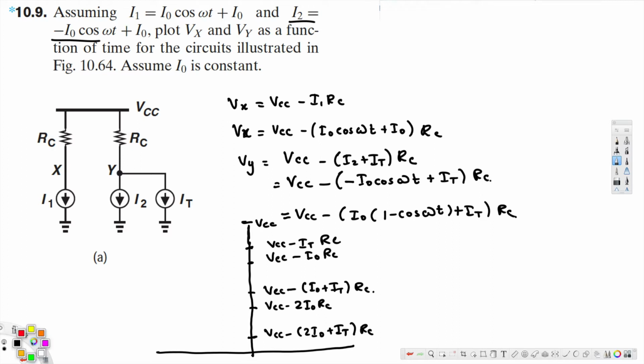Now let's go ahead and plot the graph. Here we have negative phi over omega, and here we have positive phi over omega, and let's continue here.